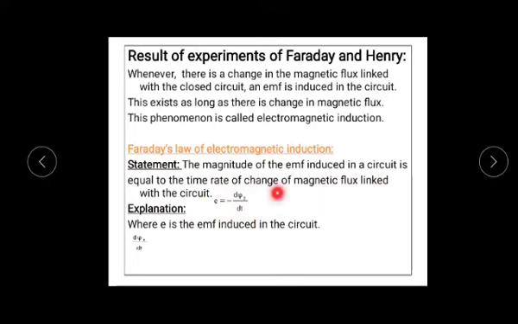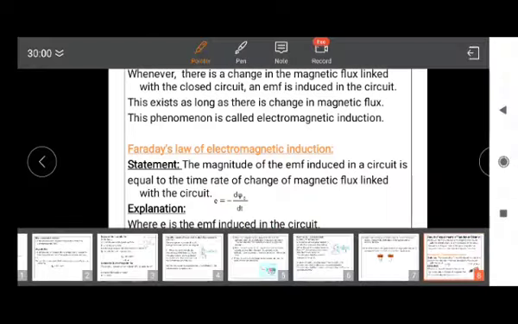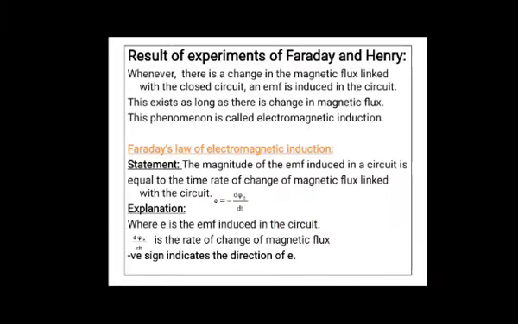Here E is the EMF induced in the circuit, d phi b divided by dt is the rate of change of magnetic flux, and this negative sign indicates the direction of EMF E.